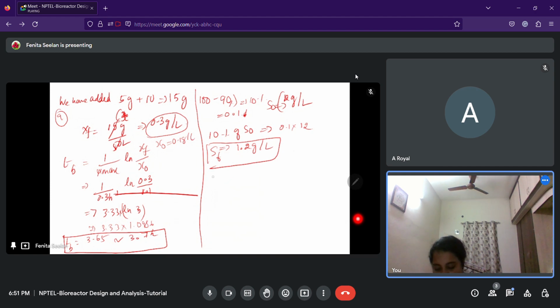Please note the formula: batch time is 1 by mu max ln of 1 plus (S naught minus SF) divided by (1 by YXS plus MS) times mu max into X naught.